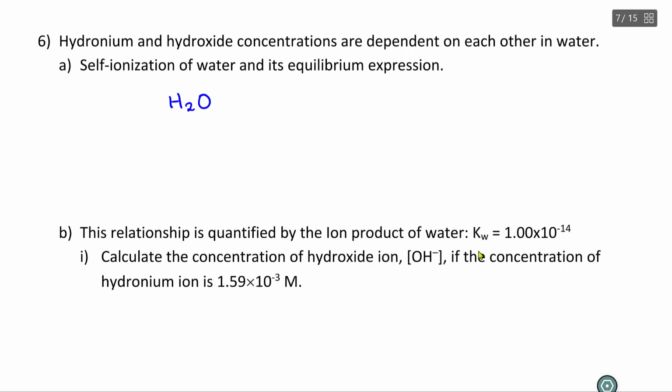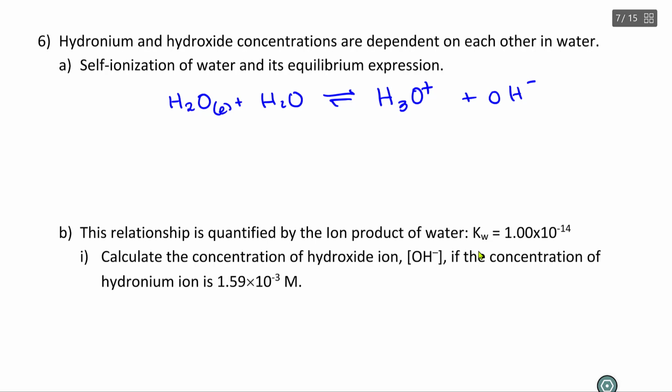I have H2O plus H2O in a chemical reaction, and these will act like acids or bases. One of them will be the acid and donate a proton, and one will be a base and accept a proton. So for example, I can have H3O plus, and then I can have OH minus. And this is known as the self-ionization reaction for water.